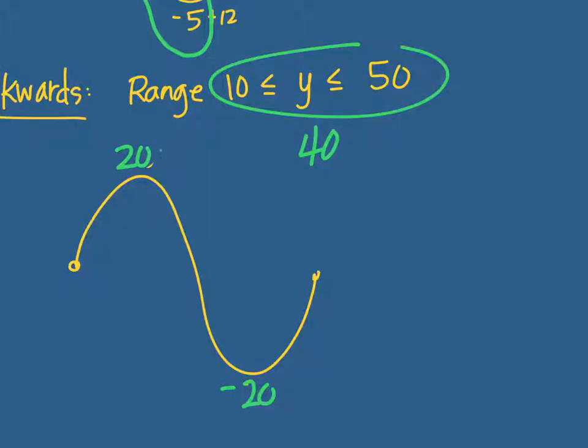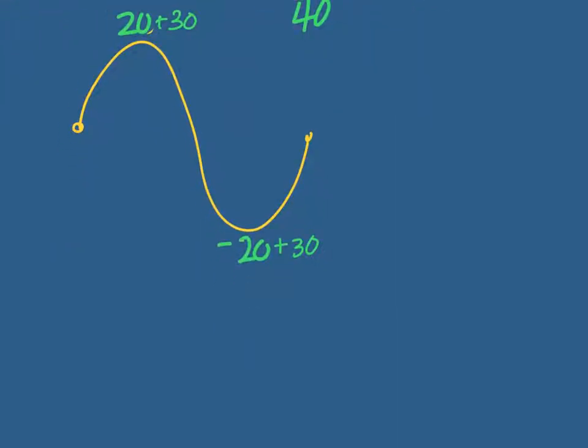It was 30 up on both ends. So what does that tell you 30 is? 30 is the shift. And what does that tell you that 20 is? The amplitude. And so you write the equation y equals 20 for amplitude, 30 for shift. So you're working your way backwards.